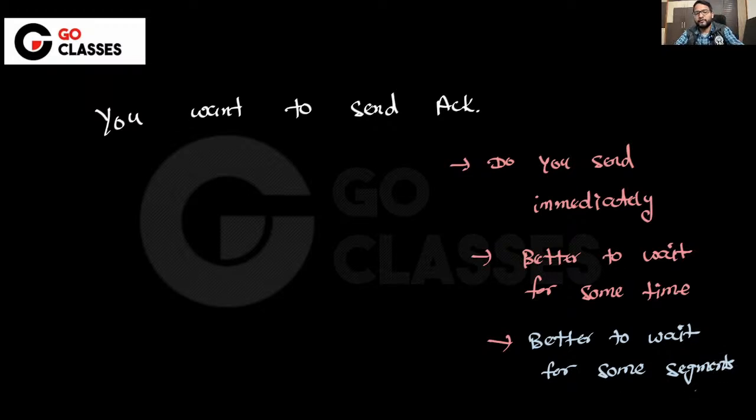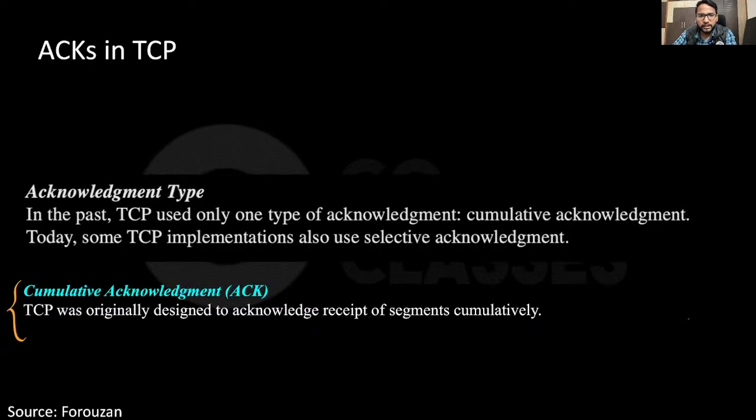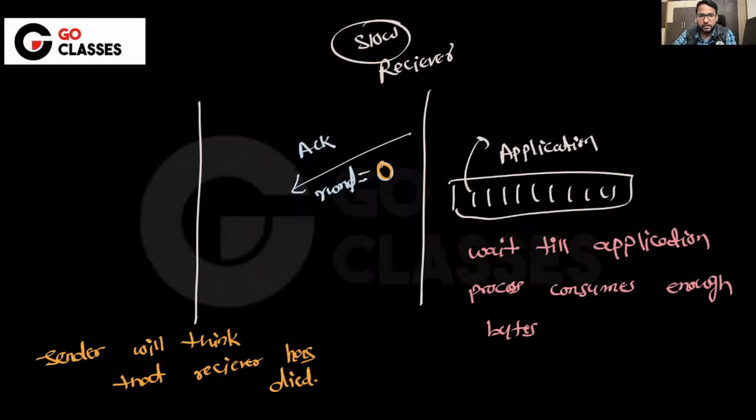What do you think? What would you prefer? So, Sumant is asking, what if the wait time is greater than the timeout? Which timeout? I think he is asking that you are waiting.